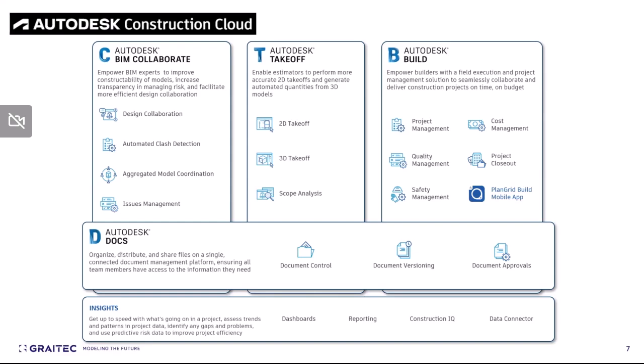From there, we have the Autodesk Build subscription, which is for our site teams or site operatives, so that once the design has been agreed amongst the design team, then we can share that information to site, and then we can use the build subscription to help with the project management, to help manage the costs of the project, and just help deal with the on-site forms or documentation that we need to produce to help with the site management of the project.